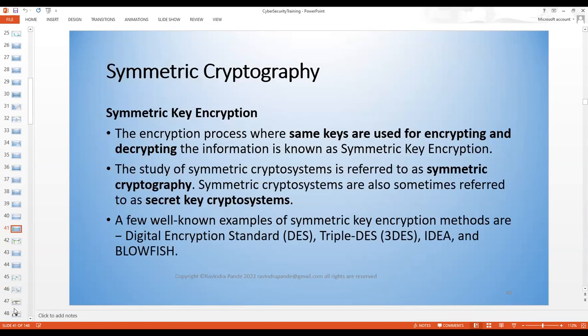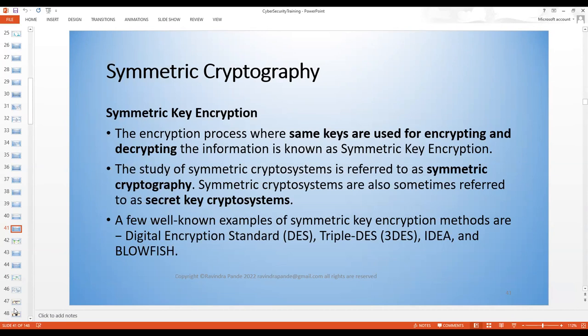We have understood symmetric cryptography and asymmetric cryptography. Let's revise symmetric cryptography, and we'll understand how we implement these things in a real life scenario. In symmetric cryptography, it is an encryption process where the same key is used for encrypting and decrypting.